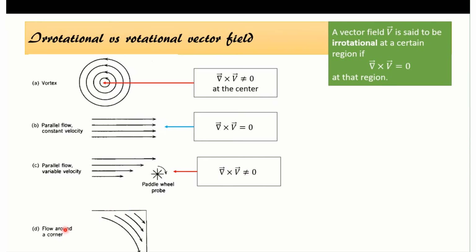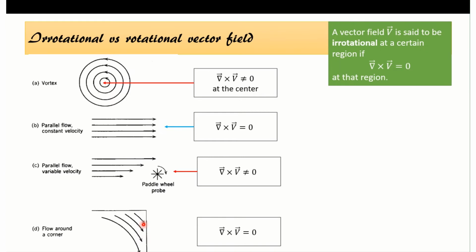Now what about this example? Let's say a vector field going through a corner. Is this going to give you a curl of the vector field equal to 0 or not? It turns out that in this case, the curl of the vector is going to be equal to 0. Now we ask ourselves why.